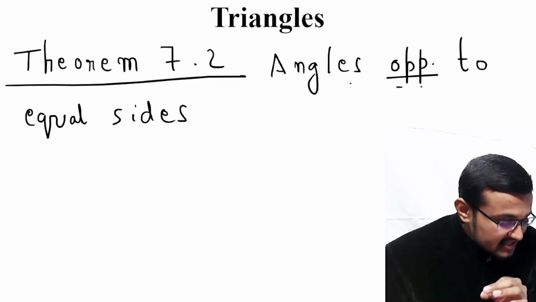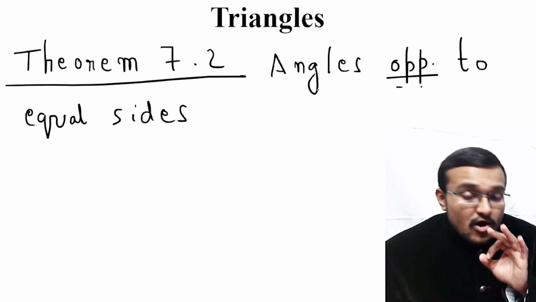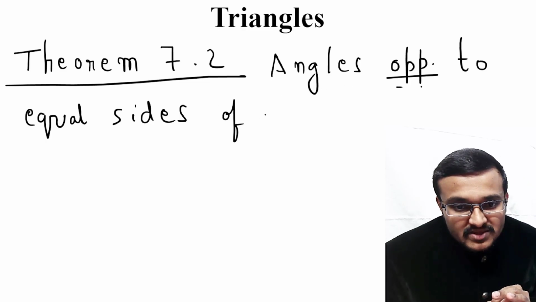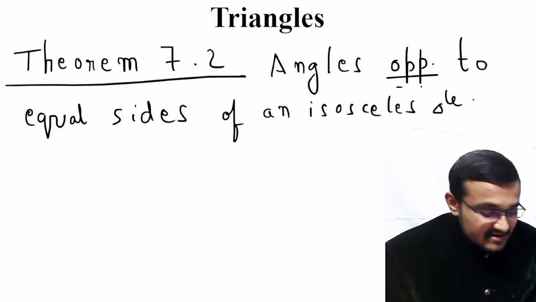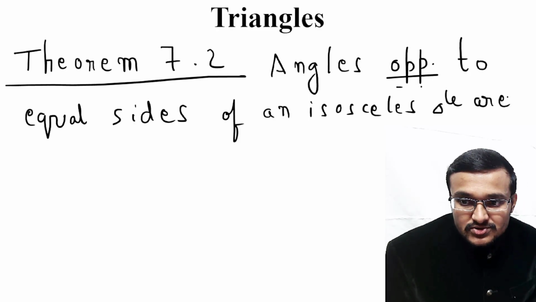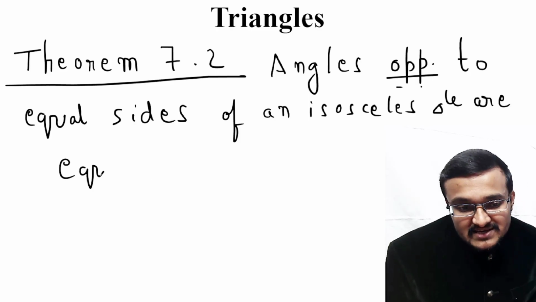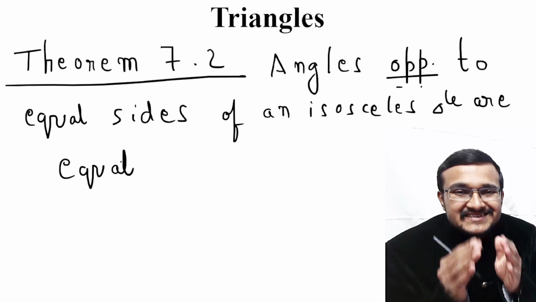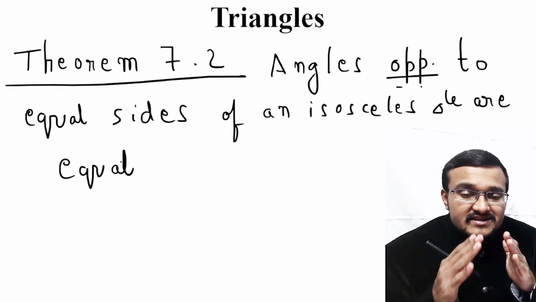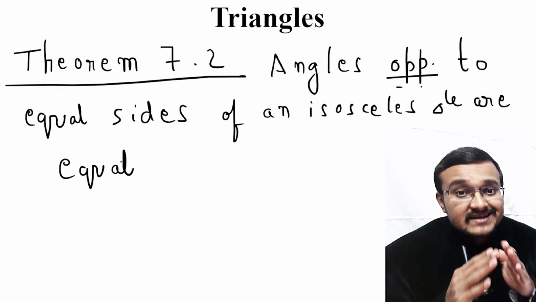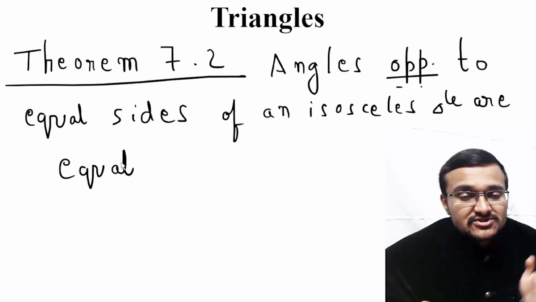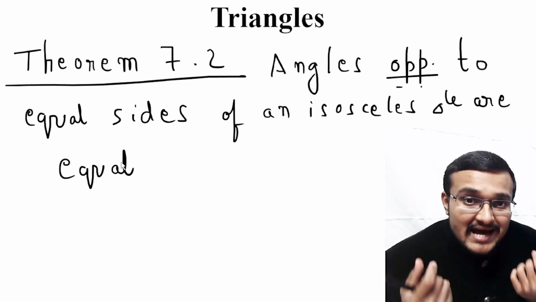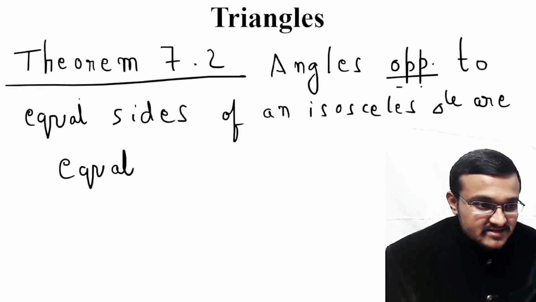Angles opposite to equal sides of an isosceles triangle are equal. So what this theorem is stating is that if you are considering two sides of an isosceles triangle which are equal to each other, and if you are considering the opposite angles of those two sides, then those two angles will also be equal to each other.